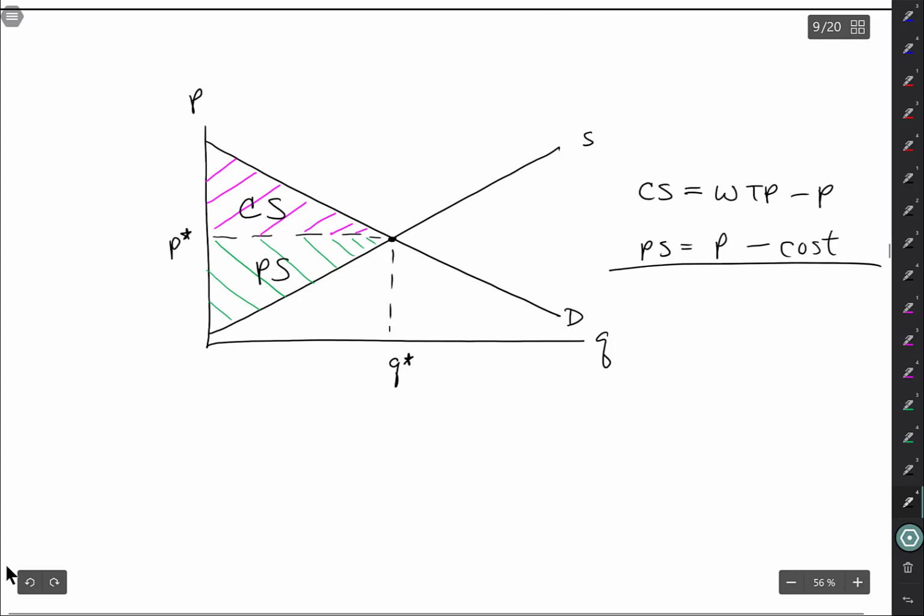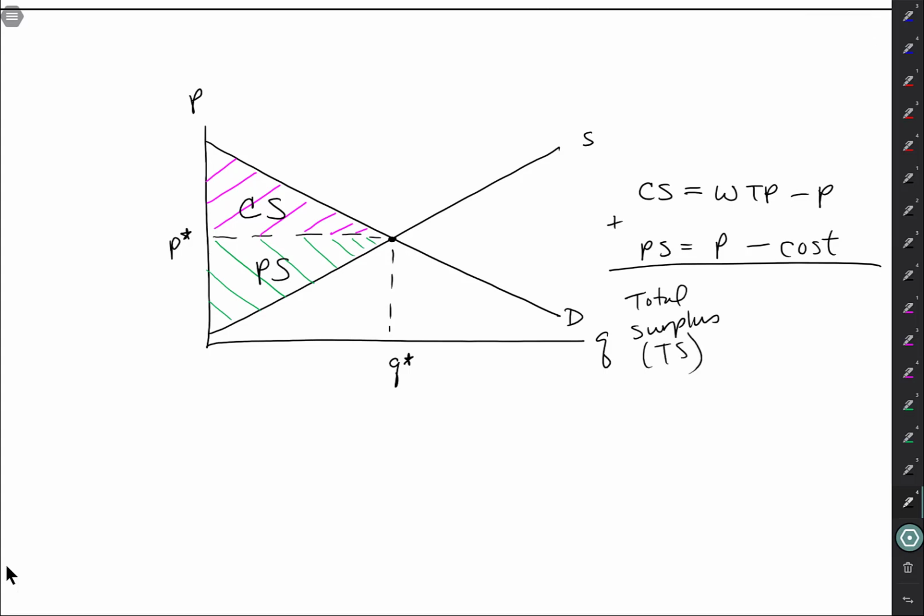And so if we add both of these things up, we get what is known as total surplus. Total surplus, TS. Total surplus is the benefits to all market participants, to both buyers and sellers. And what is that equal to? Look at these equations. We have WTP, willingness to pay minus price, plus price minus cost. And the negative price and the positive price cancel out.